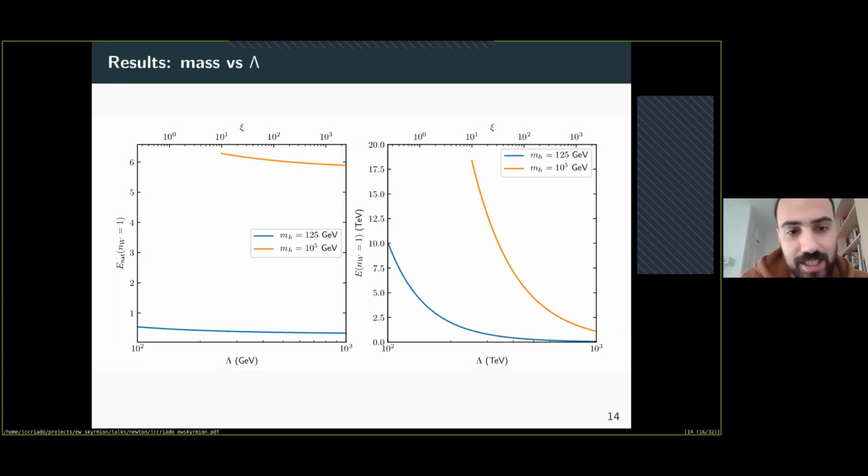So basically, this is the natural value of the mass as a function of lambda, and you can see that it's more or less constant. And this is the mass in TeV units, and you can see that it goes down quickly with lambda. And the orange line here is taking a very large value of the Higgs mass. So this should be the frozen Higgs limit. And this was a cross-check for us. So we just saw that we could reproduce Ambjorn and Rubakov's result in this case.